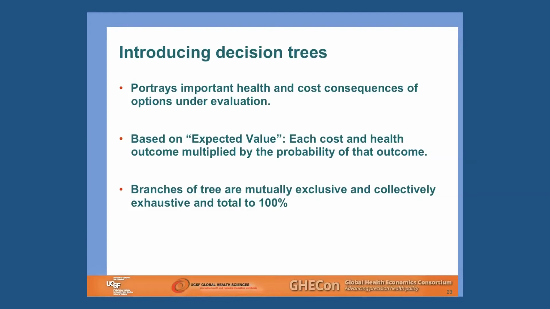So I mentioned a decision analysis model, and I want to introduce you to the most popular kinds of decision analysis models that you're likely to encounter. Very versatile, widely seen, pretty intuitive and easy to understand. And these are decision trees. They portray the important costs and health outcomes associated with each option under consideration.